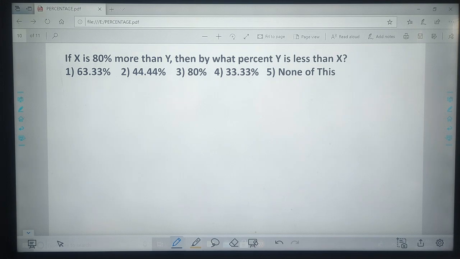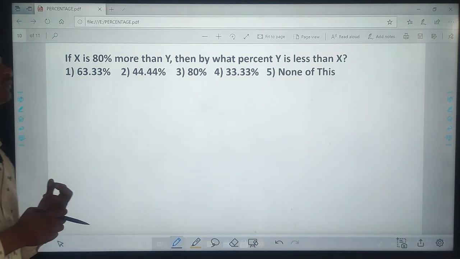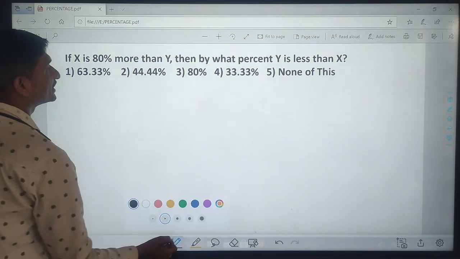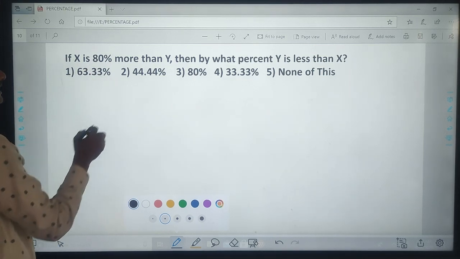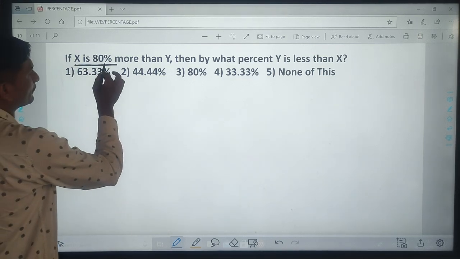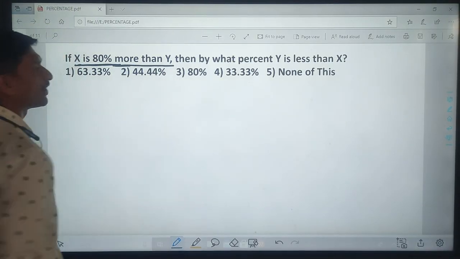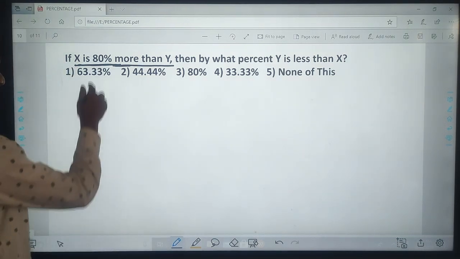If X is 80% more than Y, then by what percent Y is less than X?